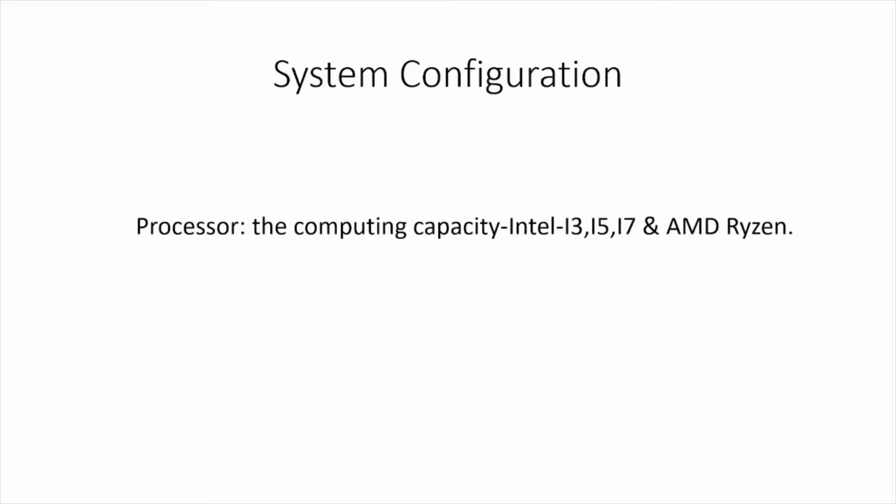Apart from Intel, we also have other processors such as AMD processors, where we have the Ryzen family of processors as well. These two are the major processors equipped in almost all the laptops or computers.